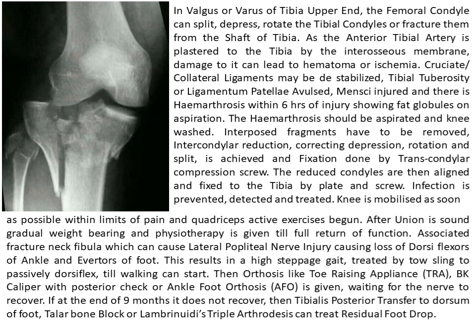In the knee, the cruciate and the collateral ligaments may be destabilized. The tibial tuberosity or ligamentum patellae may be avulsed. The menisci may be injured. And there is a hemarthrosis within 6 hours of injury, which shows fat globules on aspiration.